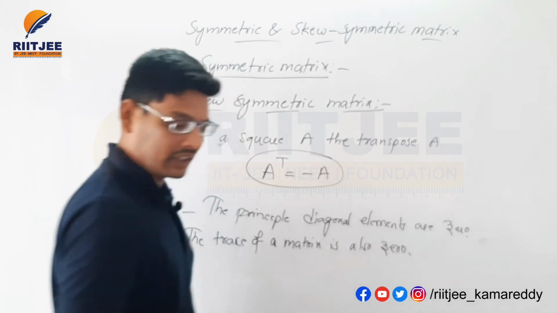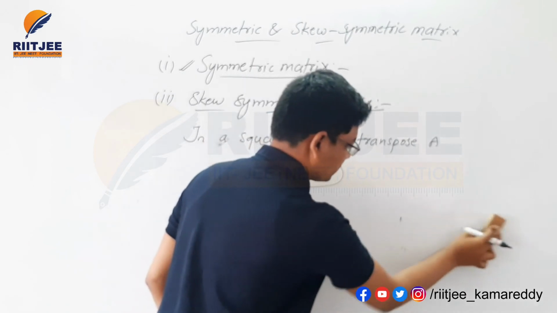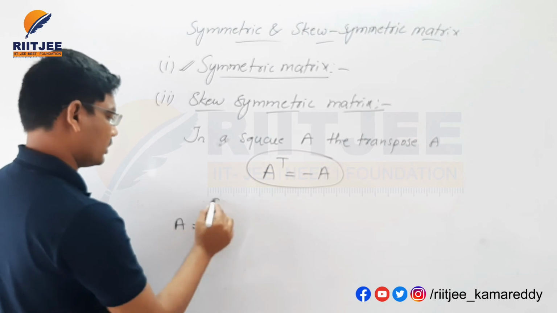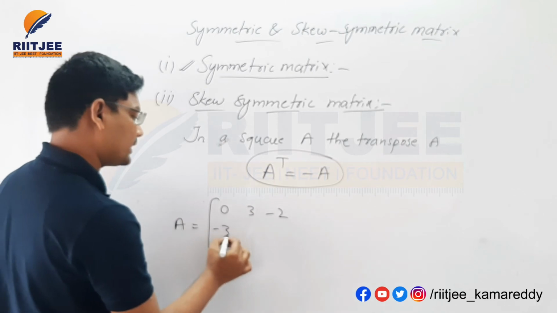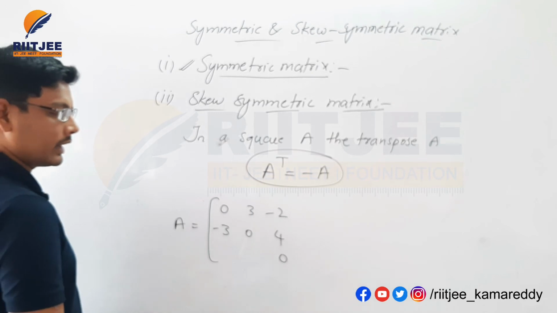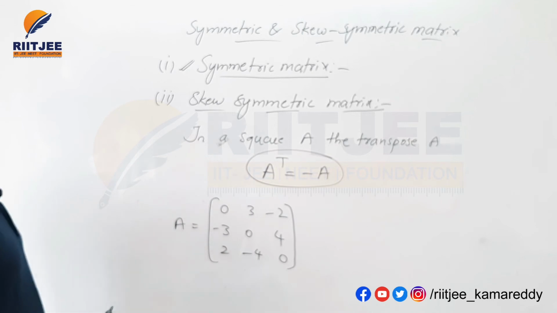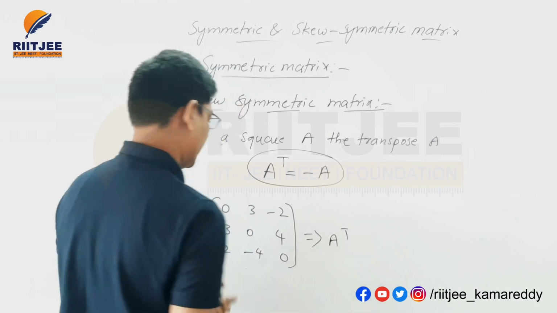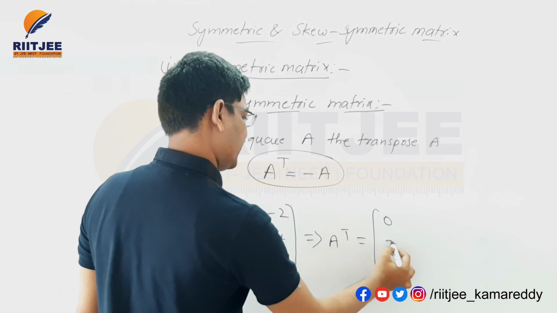Let us take one example here. A is equal to 0, 3, minus 2; minus 3, 0, 4; and 2, minus 4, 0. Here the principal diagonal elements become 0. This is an example of a skew symmetric matrix. The transpose of this matrix gives 0, 3, minus 2.